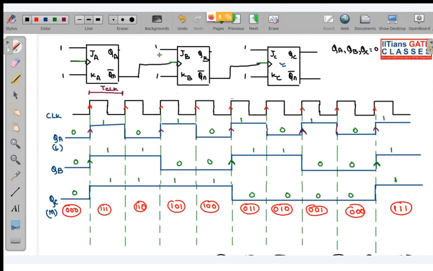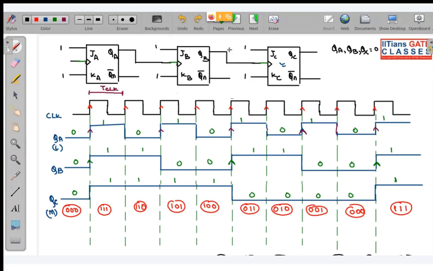But you cannot take the clock pulse, suppose you have taken the negative of QB acting as clock for this, you cannot take it like this. Such kind of cases is not possible. This is wrong. So either you take clock pulses from all the complemented outputs, or from all the non-complemented outputs. You cannot have mixed clock pulses.